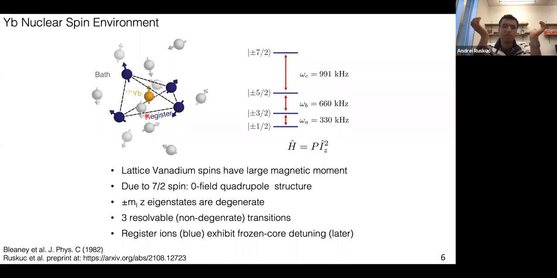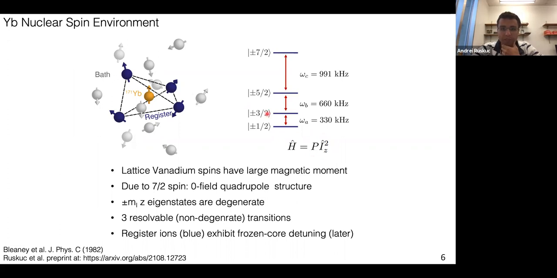Generally speaking, the environment around these ytterbium ions consists of yttrium, oxygen, and vanadium atoms. The reason we focus on vanadium is because it has the largest magnetic dipole moment of the three. In addition, the 51 isotope that I mentioned previously has a nuclear spin of 7/2. This leads to a zero field electric quadrupole structure, shown here on the right, which is generated by this quadratic type Hamiltonian.